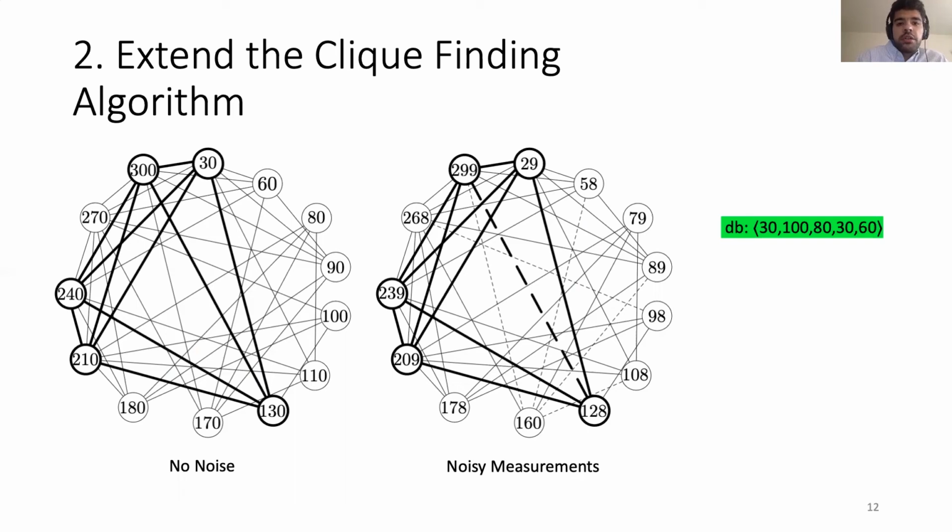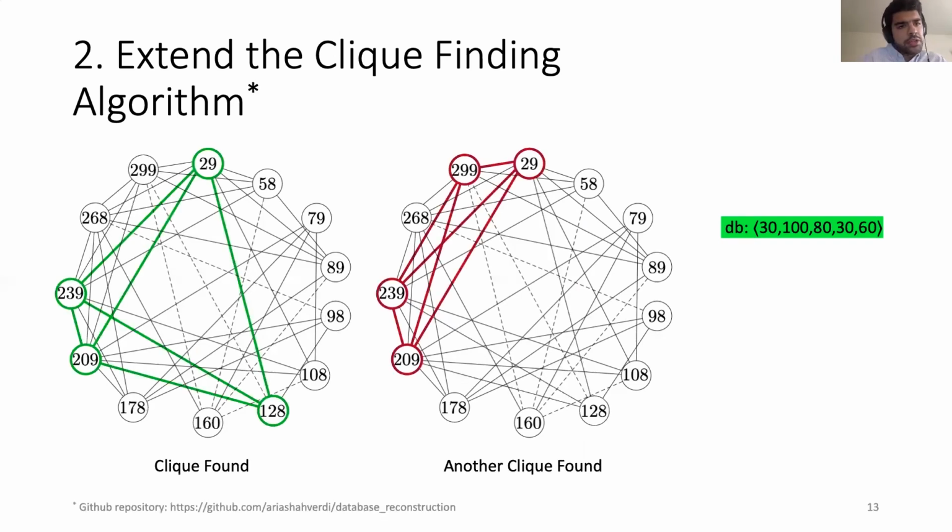But in the figure on the right-hand side, the volumes are noisy. Even though we change the way we connect the nodes, we might still be missing some of the edges. As a result, the clique of size 5 might not form, so what we get is actually a clique of size 4. You can see here that we have 2 cliques of size 4.